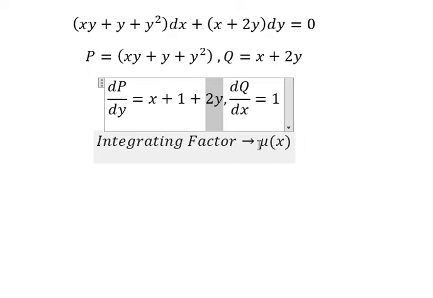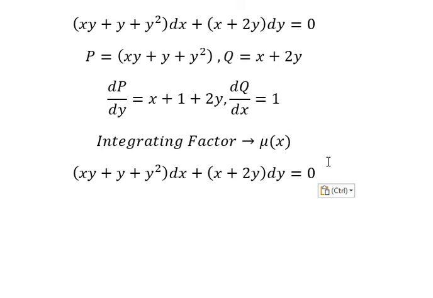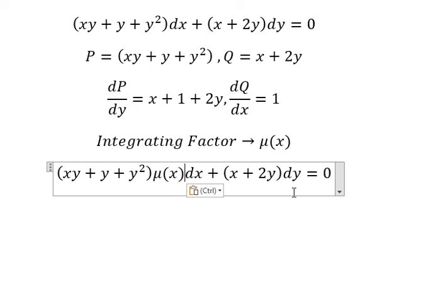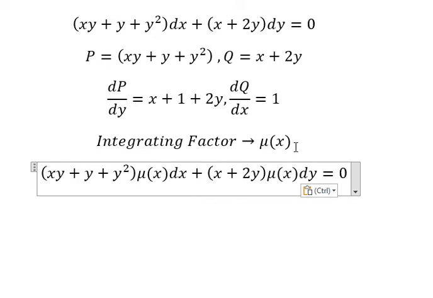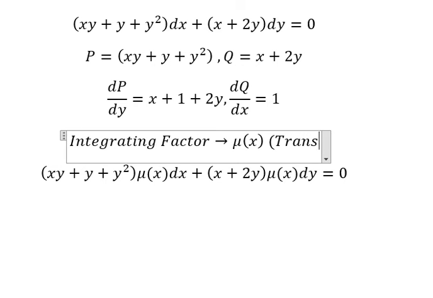So that's why we need to choose mu x to cancel x plus 2y. That means we multiply both sides by this one because we want to transform it into exact.